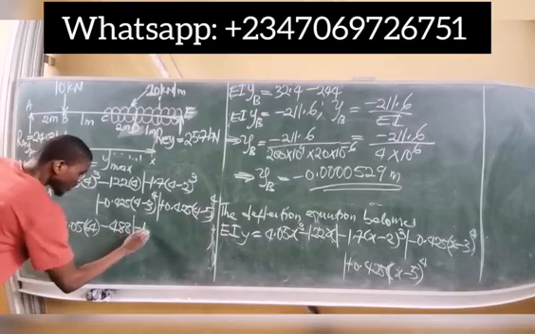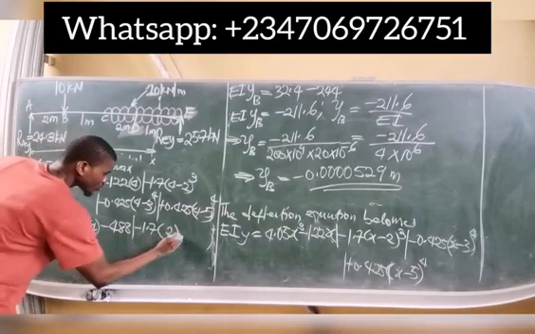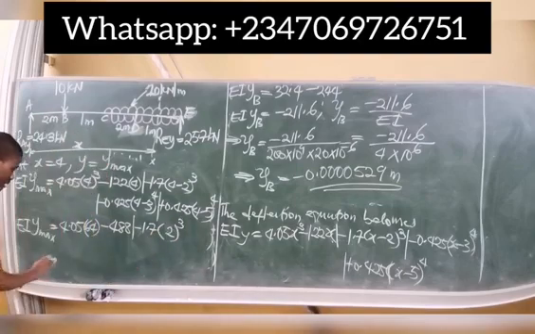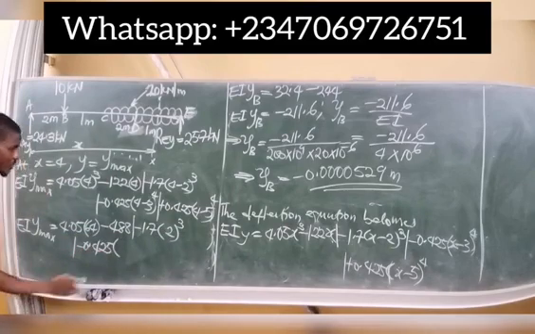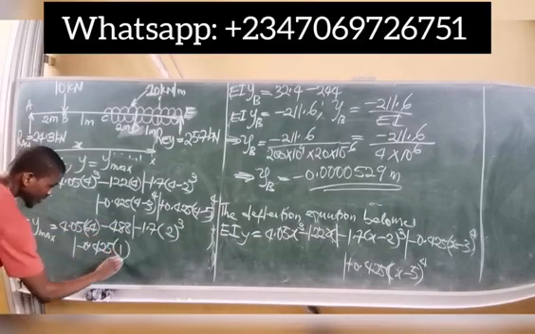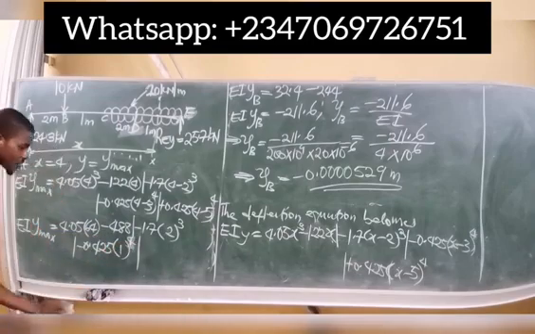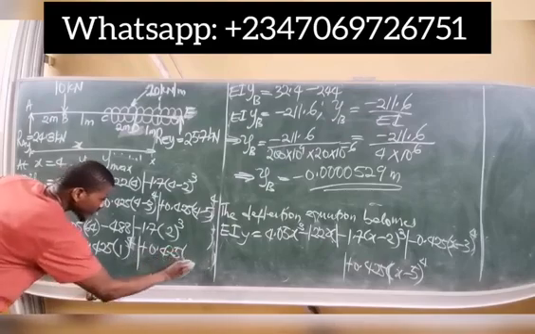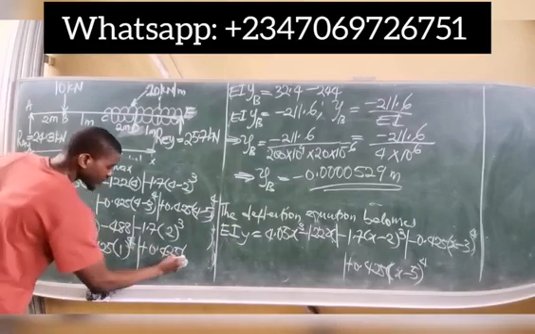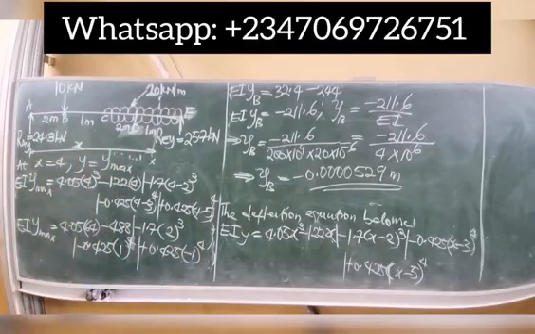This is minus 1.7 into 4 minus 2, which is simply 2 to the power of 3. Put down your Macaulay's bracket. We have minus 0.425 into 4 minus 3, which is 1 to the power of 4. Put down your Macaulay's bracket. We have plus 0.425 into 4 minus 5, which is minus 1 to the power of 4.